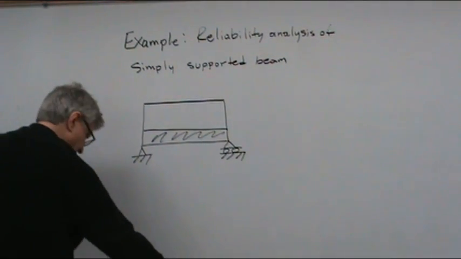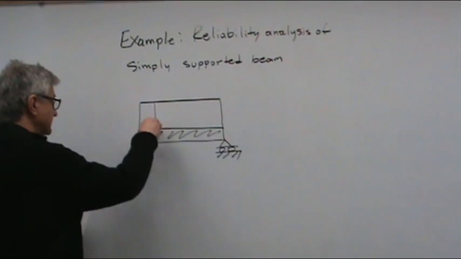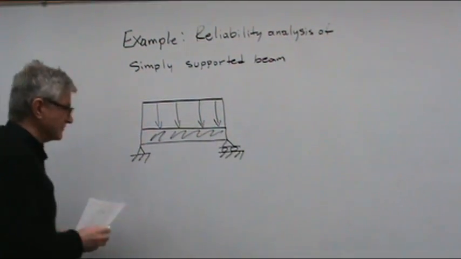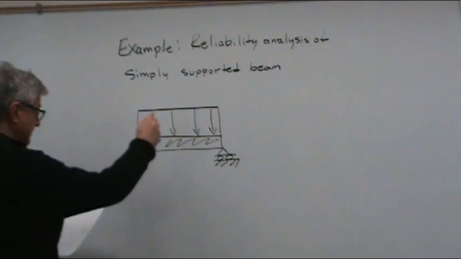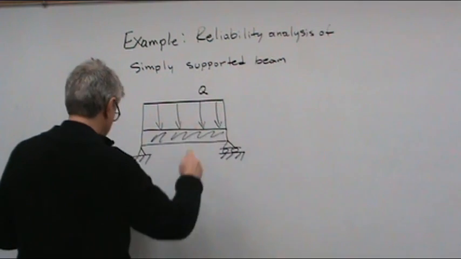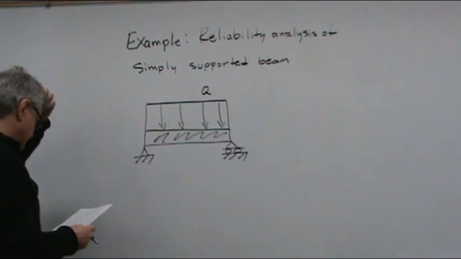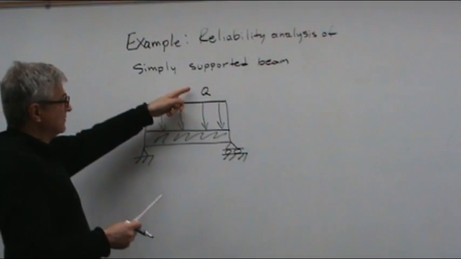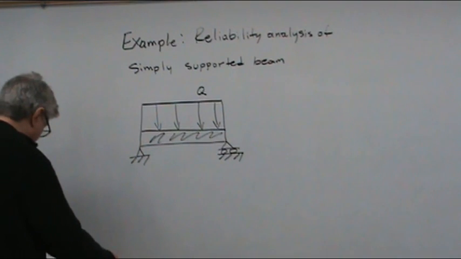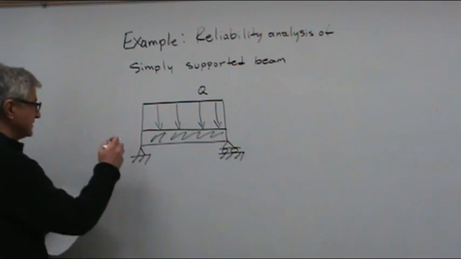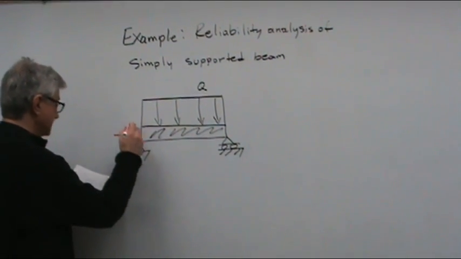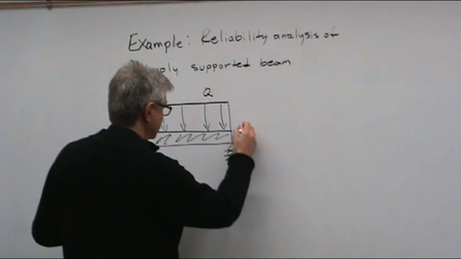There is an applied load that is distributed over the span of the beam, and the load is Q. And this is load per length, okay? We also have axial forces, a pair of axial forces.